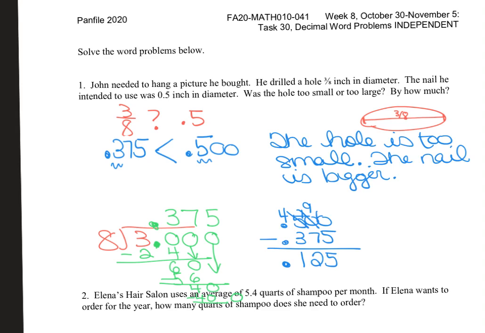And I place that decimal right in line with it. So you could add on to that sentence if you wanted to and say the nail is bigger by 0.125 of an inch. And remember, 2 tick marks is inch.